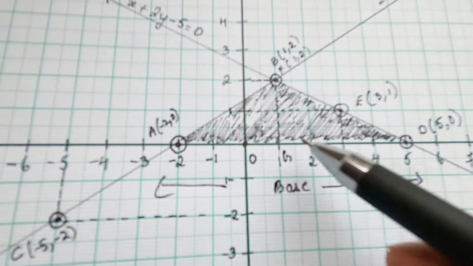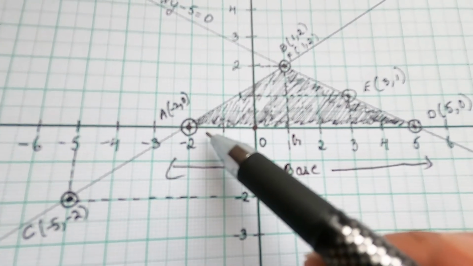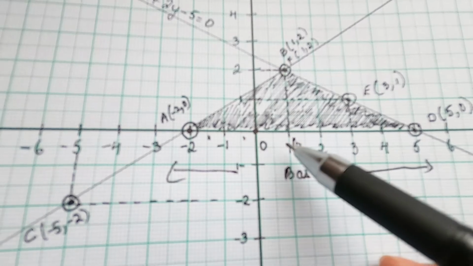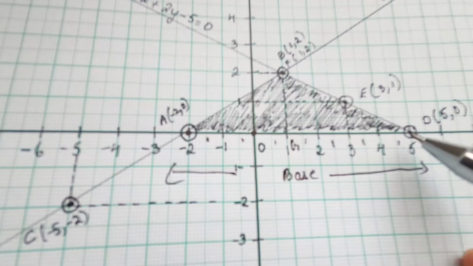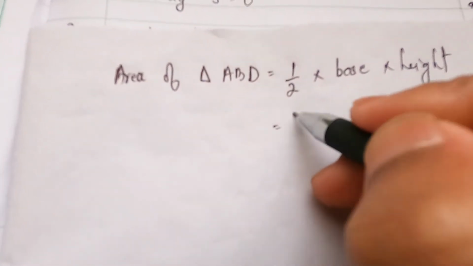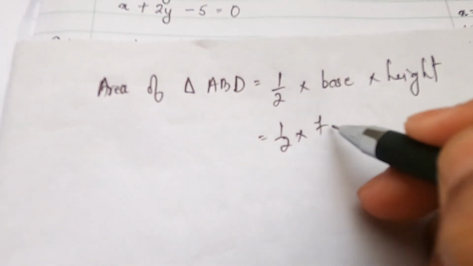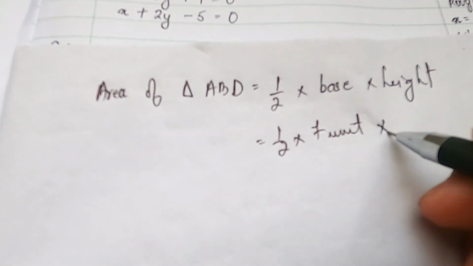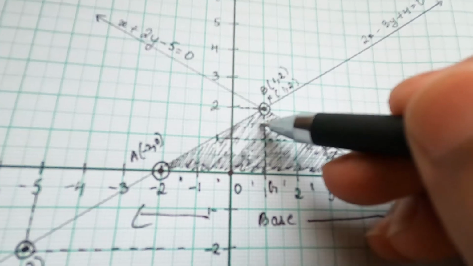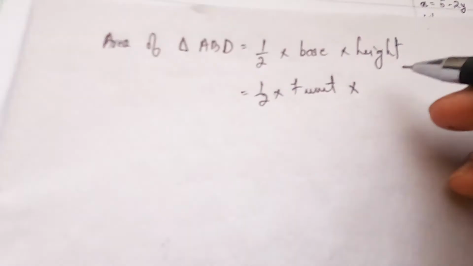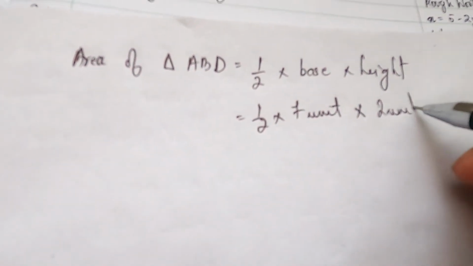So in this case, base, let us count the units. How many units are there? 1, 2, 3, 4, 5, 6, 7. All right, so in this case, base will be 7 units and height will be 2 units.